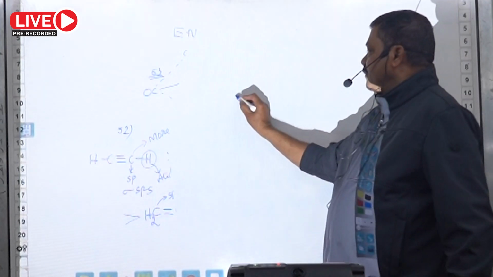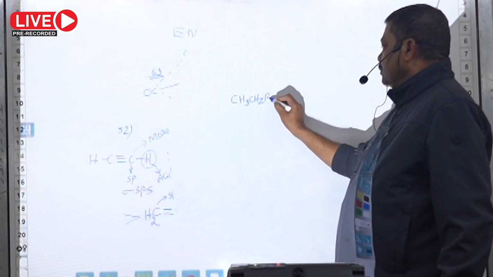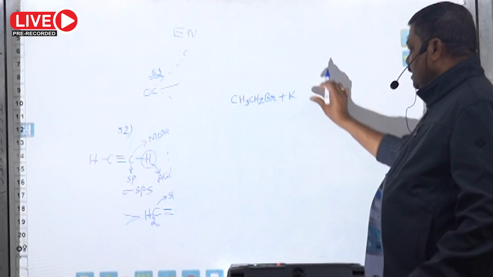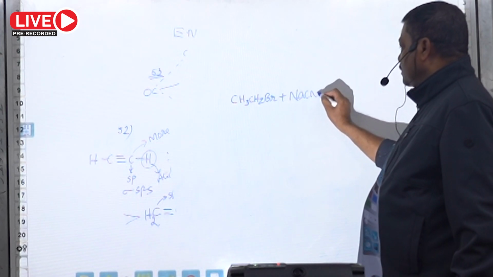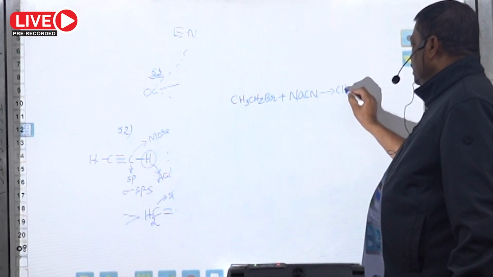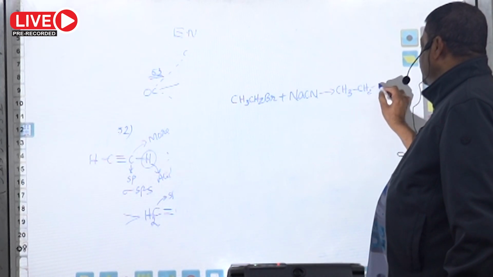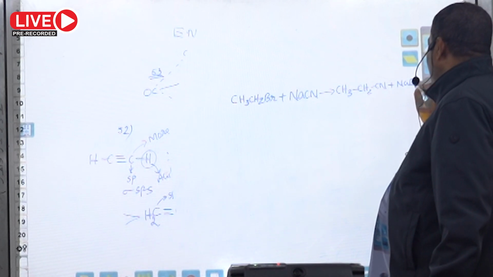Ethyl bromide plus KCN or NaCN, whatever it is, gives ethyl cyanide plus NaBr.